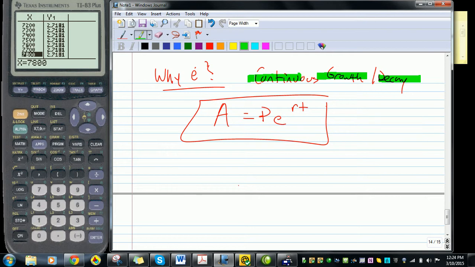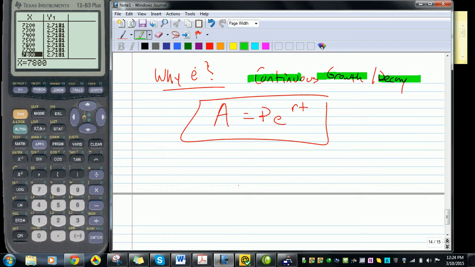Wouldn't it be great if we had continuous growth for our investments? Right? So not yearly, not interest compounded monthly, but at every moment. And when we do have an instance where things are growing or decaying exponentially and continuously at every single moment, that's where E, about 2.718, Euler's constant, pops up.